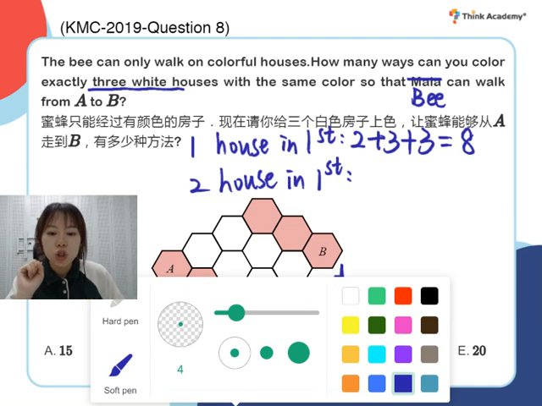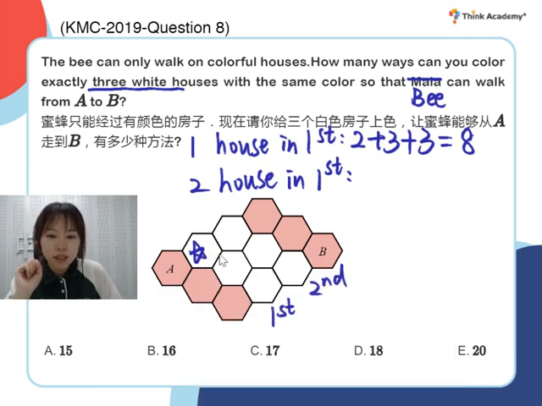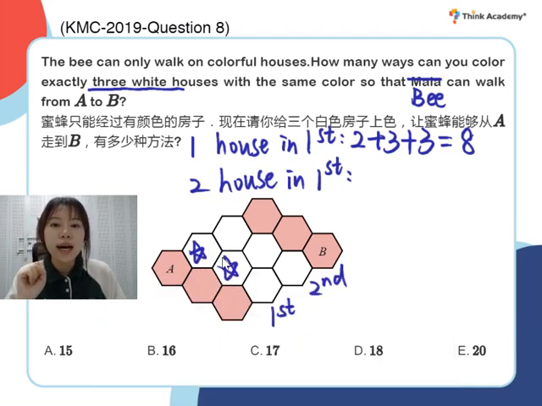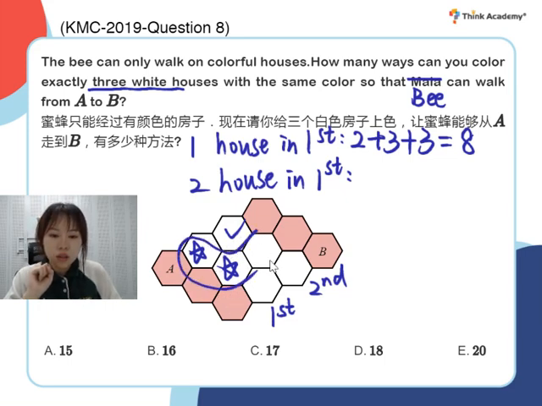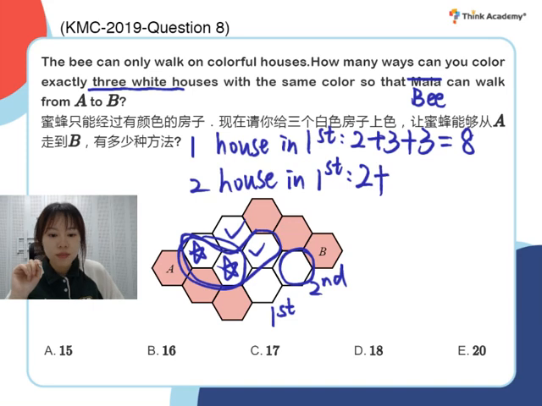What about if we color 2 houses? If I color these 2, I only color one house in the second layer. This one, that's okay, they are connected. What about this one? Yeah, two situations. What about this one and this two? Possible? No, they are not connected with each other, so only two situations.